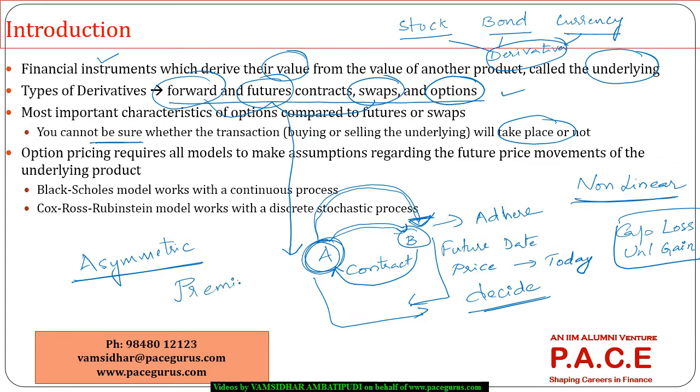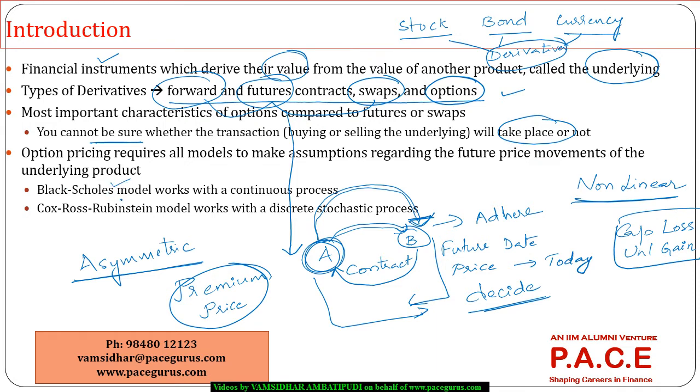So whenever we use the word option premium or option price, it is that particular amount which one party is paying to the other party at the beginning of the contract, so that by paying so, this party is taking an additional option to decide whether they want to go ahead with the contract or expire the contract at a later date. So there are two kinds of models which are typically in use.